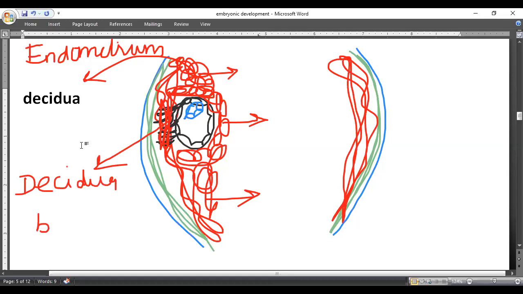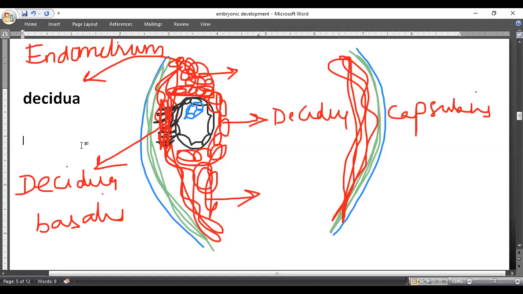So what is decidua basalis? We need to say the location here. Let me write the total: decidua basalis, decidua capsularis, and this is called decidua parietalis.